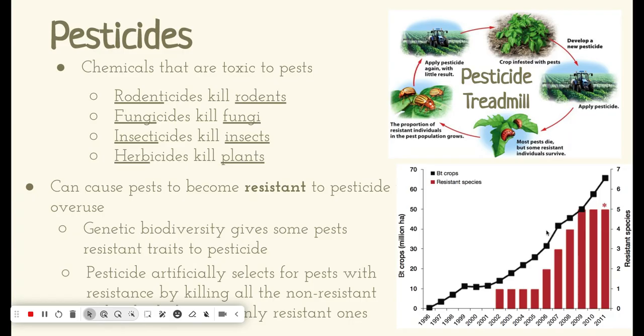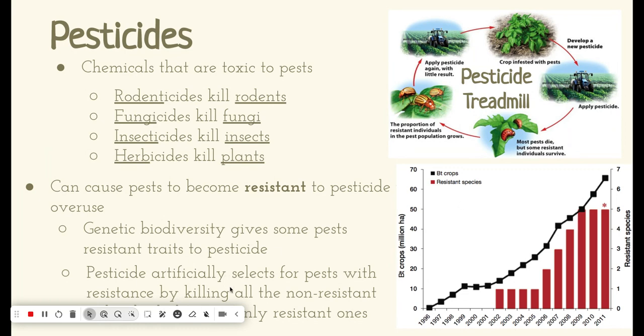Bt crops are crops that have a gene from bacteria inserted into their genetic makeup, so that they now create a bacterial strain that kills off the pest. And so they no longer actually need pesticides.